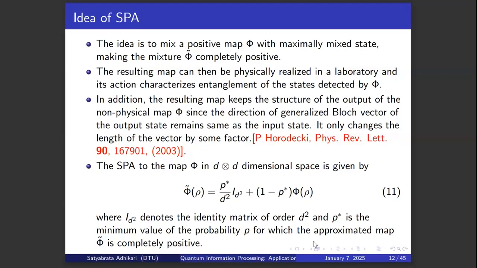The main thing is the change of the length of the vector by some factor. When you are applying SPA on some state rho, it only changes the length of the vector but keeps the direction of the vector the same. This is the main theme of SPA. It does not disturb the direction of the vector, but it changes the length of the vector. It may increase, it may decrease.